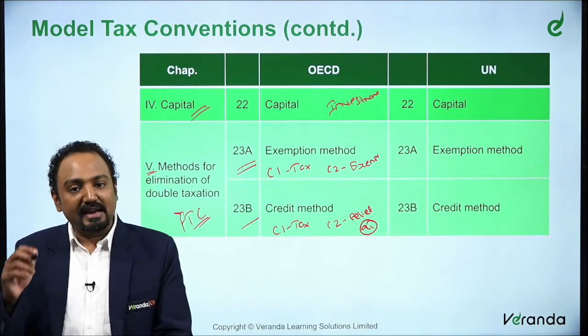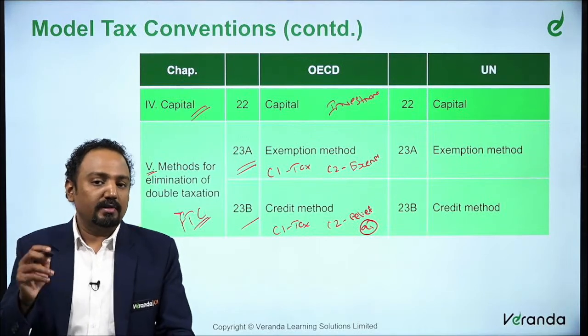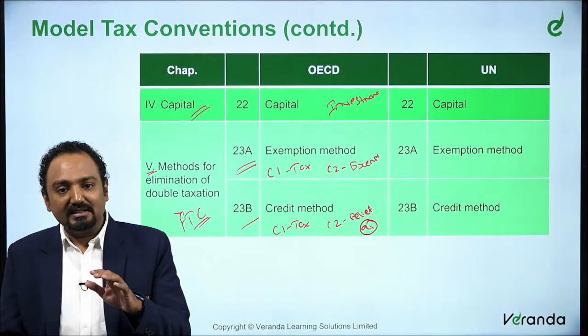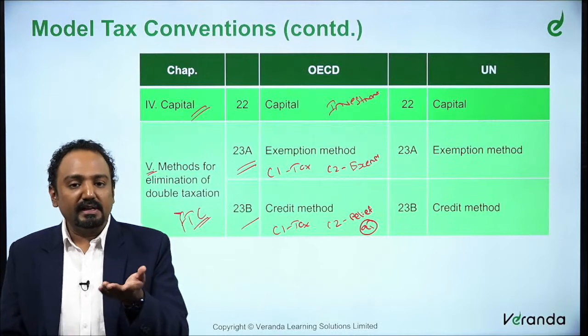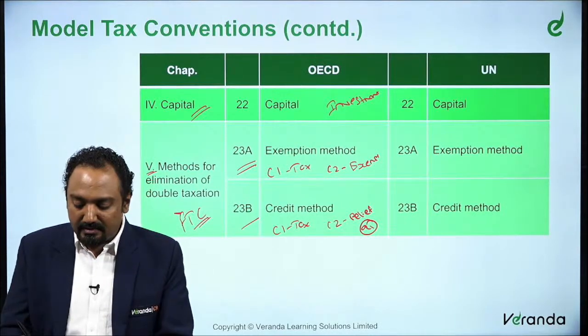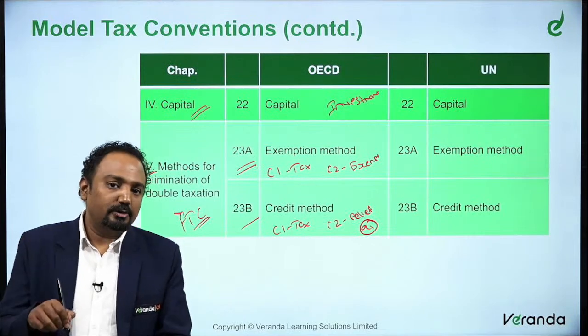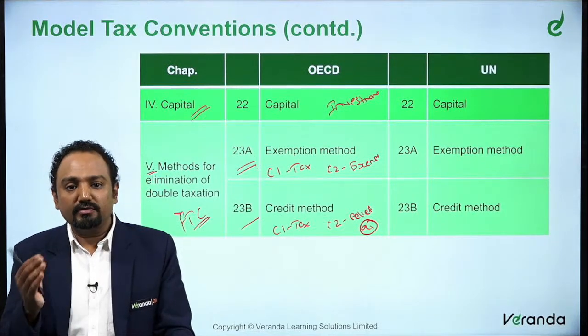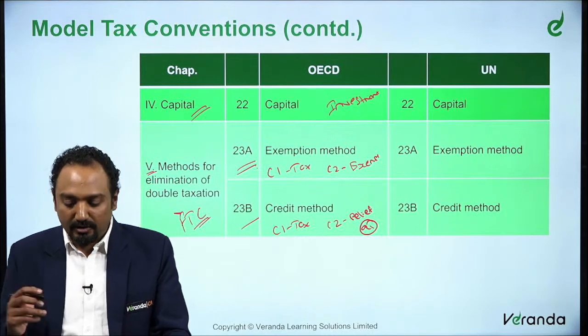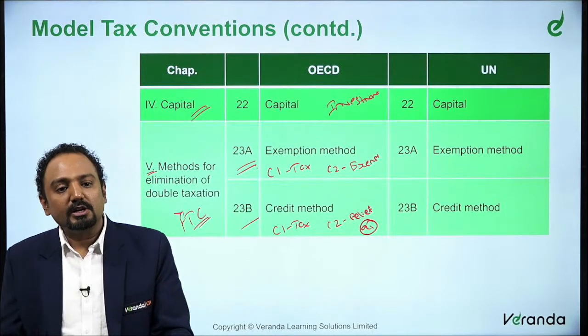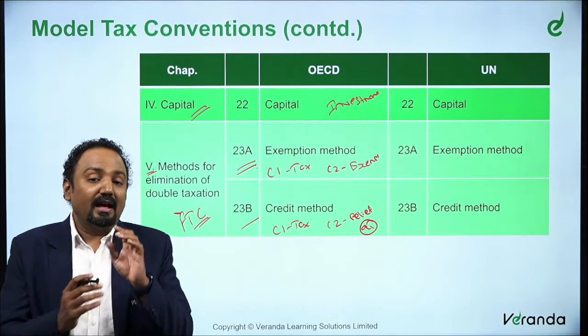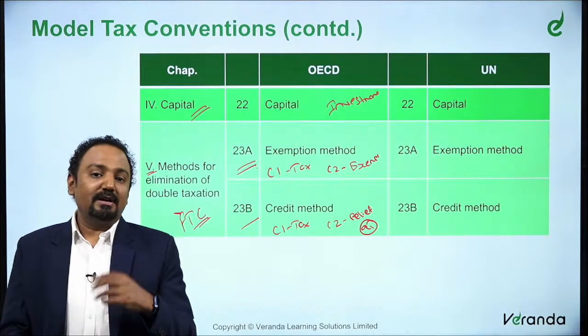So we saw section 90 and 91, where 91 provides for this relief, whereas 90 says that depending upon the DTA you can take credit. So the DTA will either provide article 23A for the exemption method or article 23B for the credit method. One of these needs to be followed. So this is the method for eliminating double taxation.